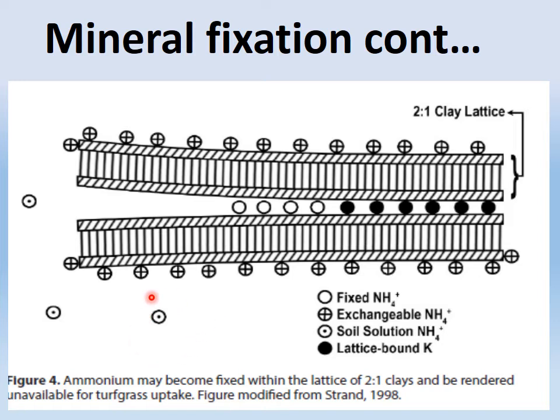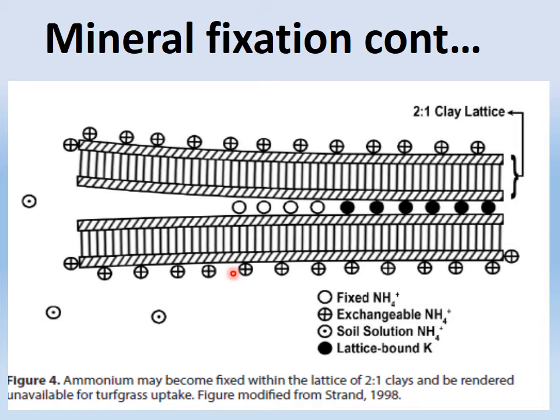We have already said that your ammonium ions, because of their positive charge, will be attracted to the negative charges on clay particles, and the ammonium is also adsorbed on the surfaces of clay particles.